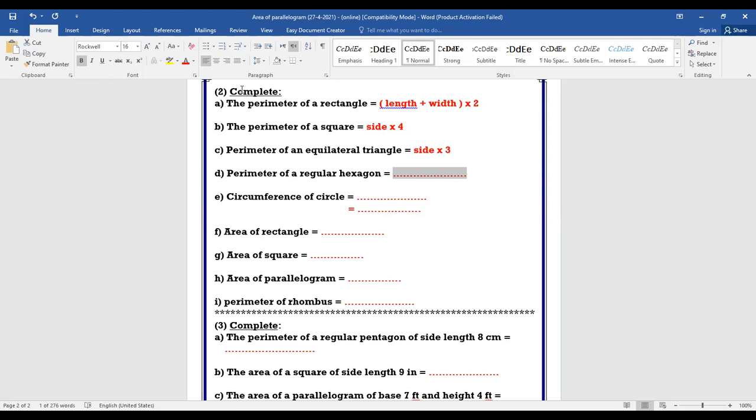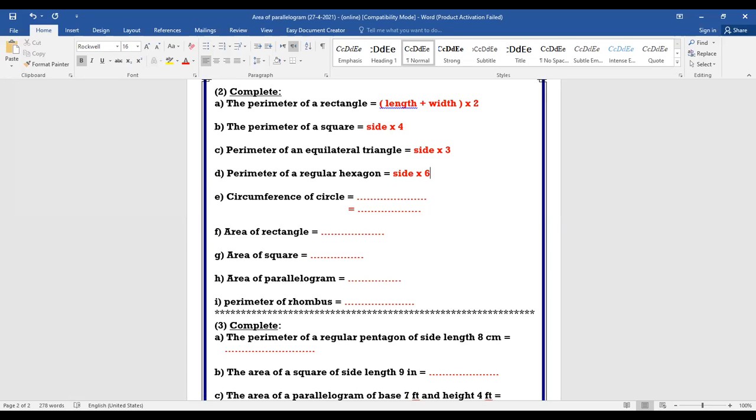How many sides does a regular hexagon have? 6. So the perimeter is side multiplied by 6. If it is a pentagon, it will be side multiplied by 5. If it is an octagon, side multiplied by 8, and so on.